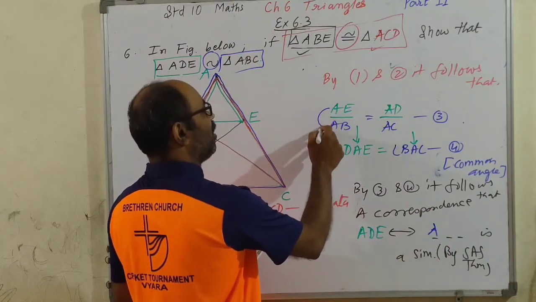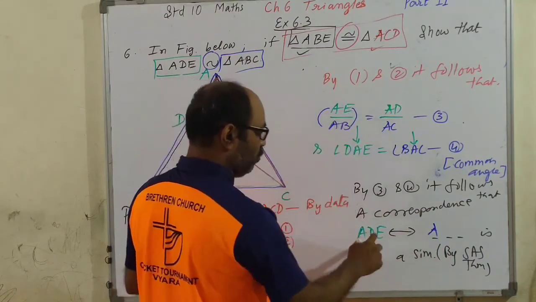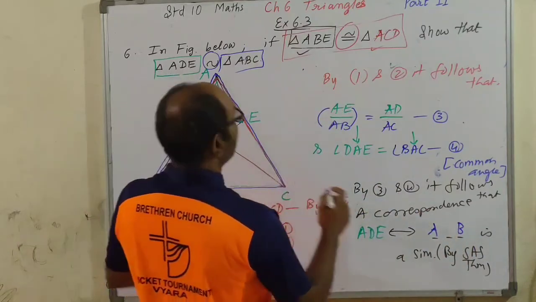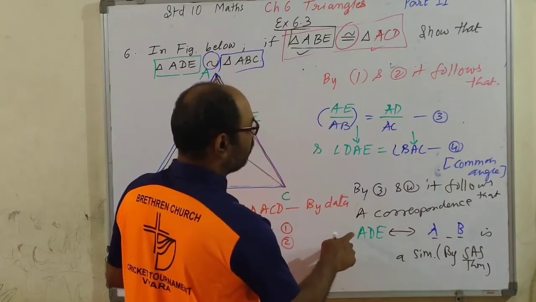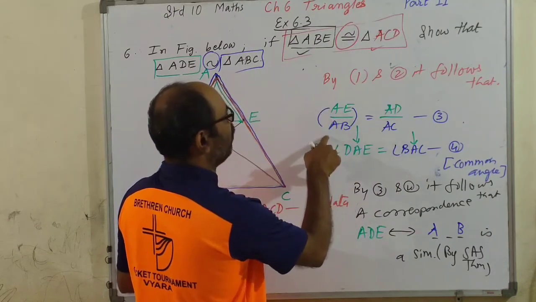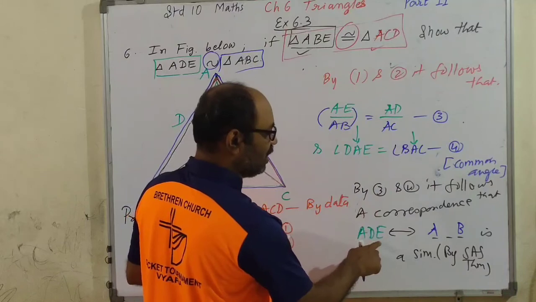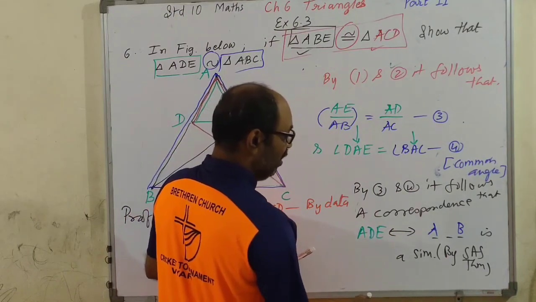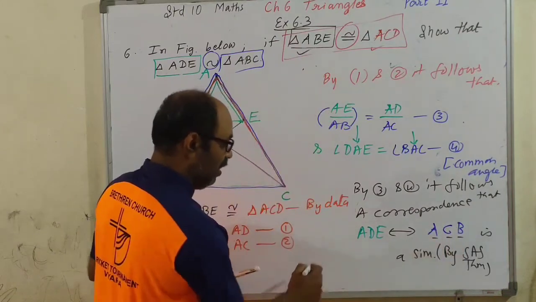A corresponds to A, E corresponds to B, so B has to be last, and what is left? C. We are getting that, right?